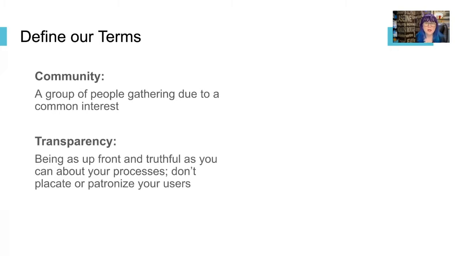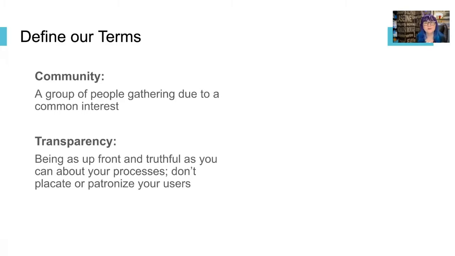Transparency. For this case, we're talking about being upfront and truthful, as much as you can, about your processes. We're not talking about breaking the rules of your company, sharing company secrets or things like that.